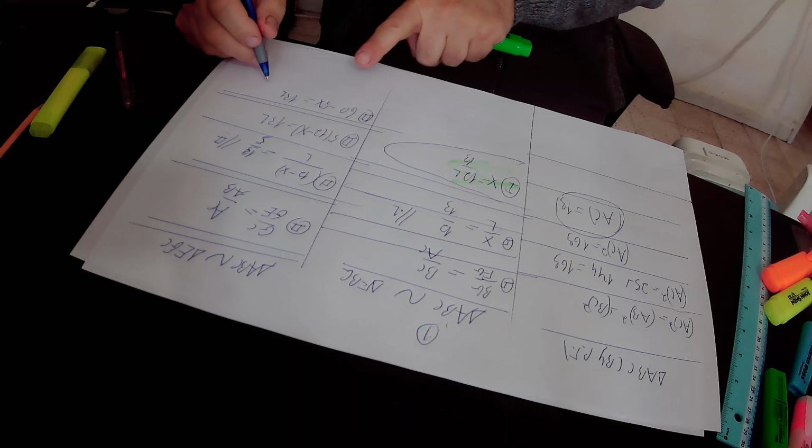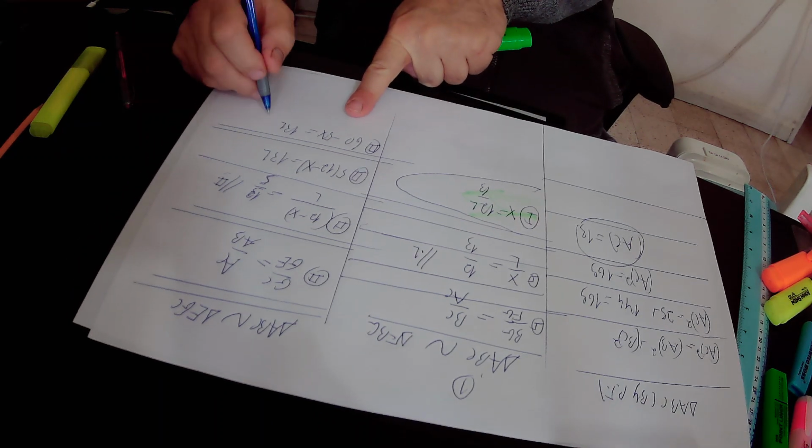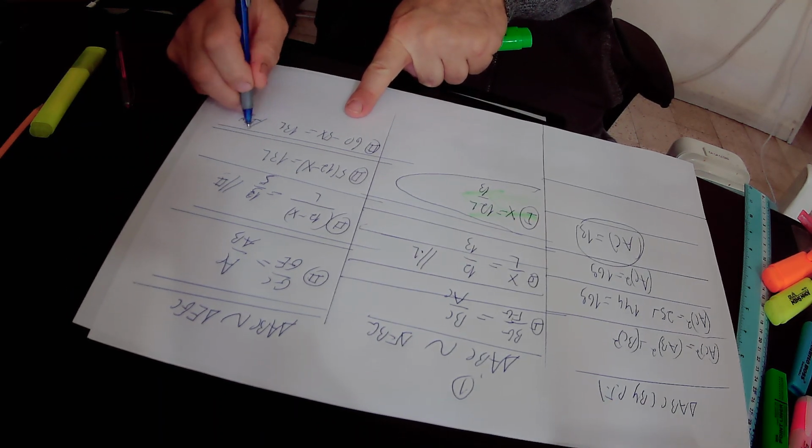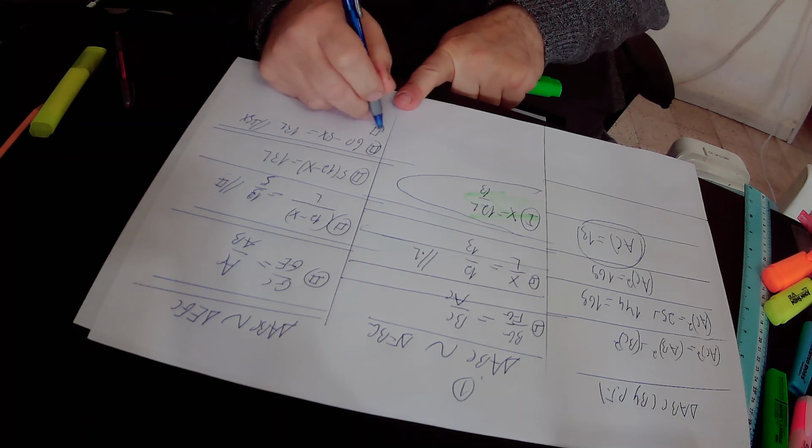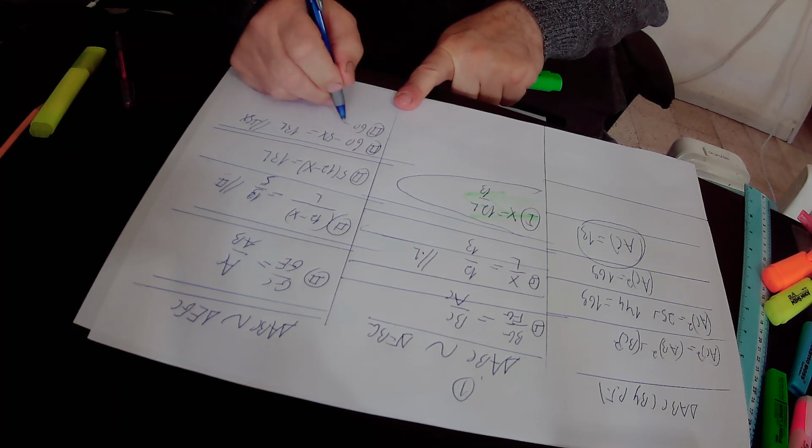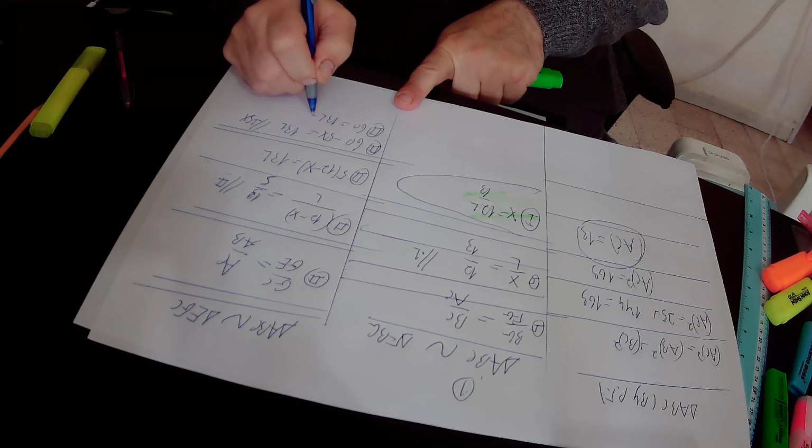Here we'll add 5X to this equation 2, and we'll get that 60 equals 13L plus 5X.